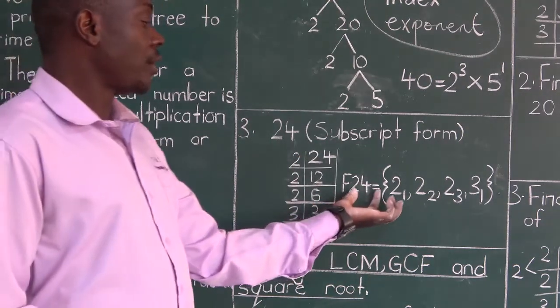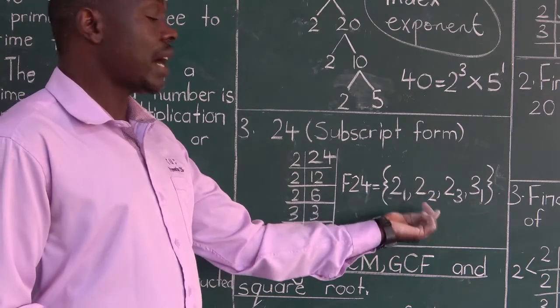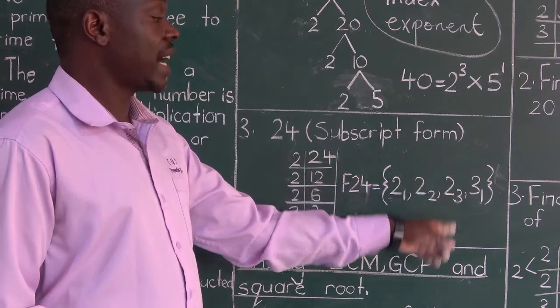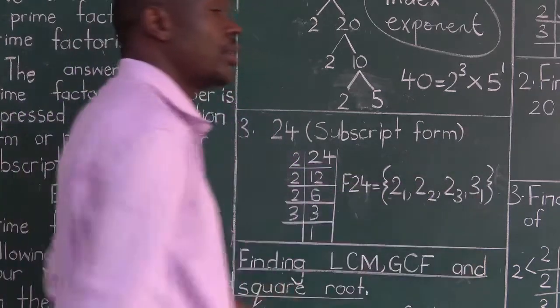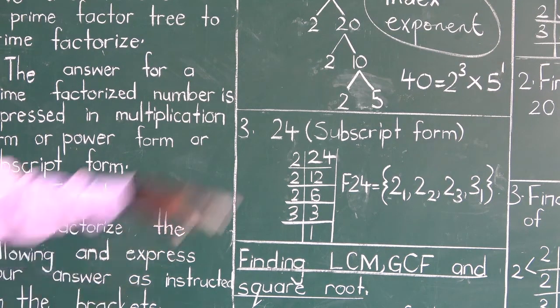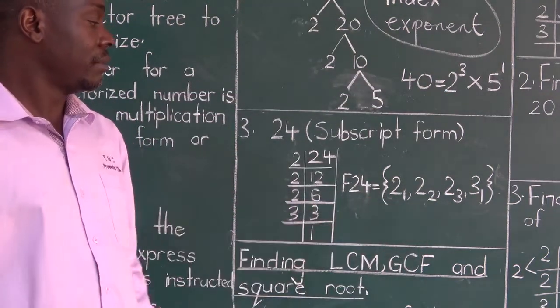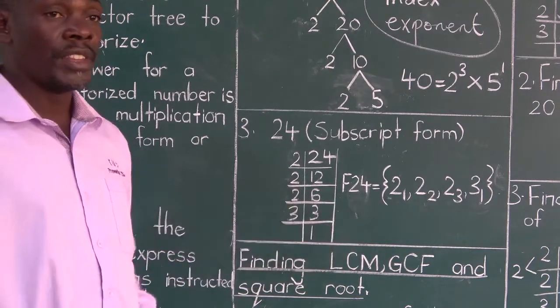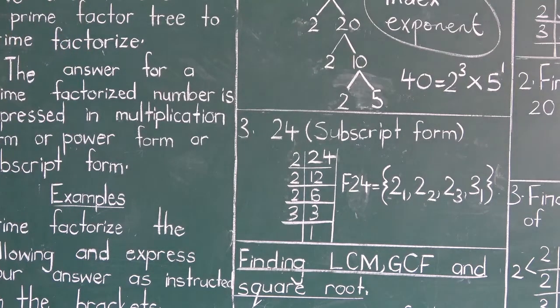You say factors of 24 are equal to 2 subscript 1, comma, 2 subscript 2, comma, 2 subscript 3, comma, then 3 subscript 1, before you close the curly brackets, because it's the only one called set notation. The rest must never be put in brackets. Like you see here, there are no brackets. The brackets come here with the name F because of the name of the set. And please put a comma for every member you list, like in the set concepts.